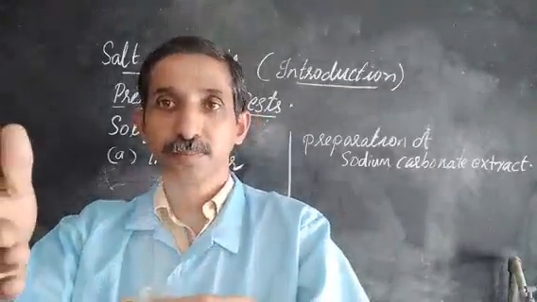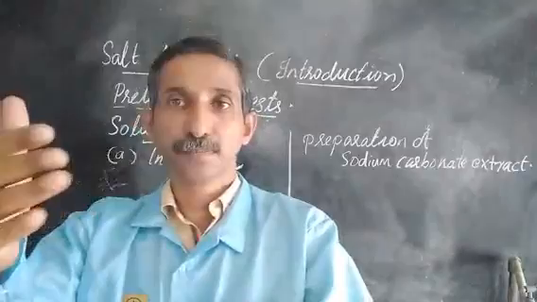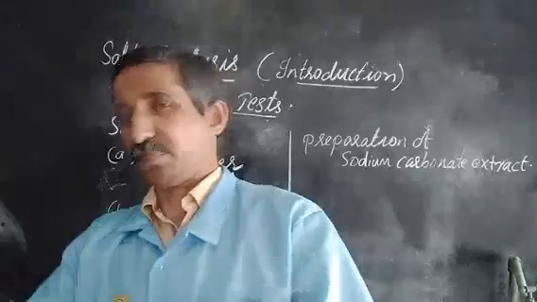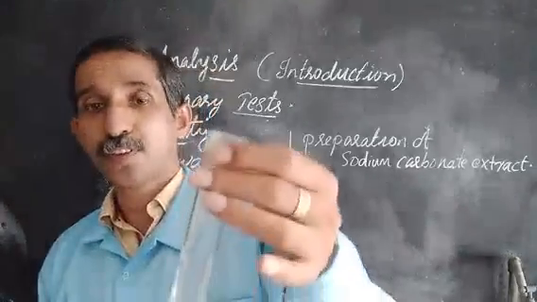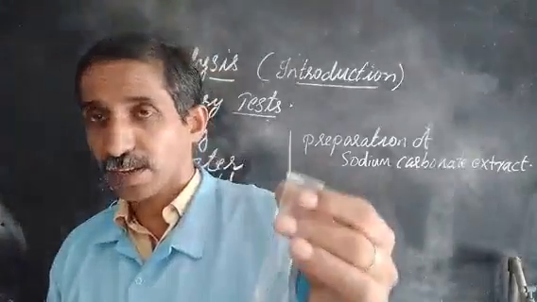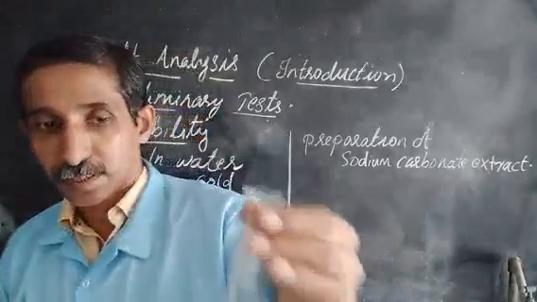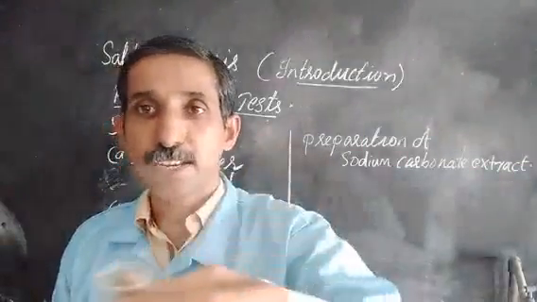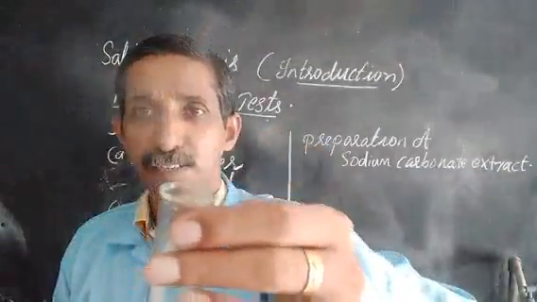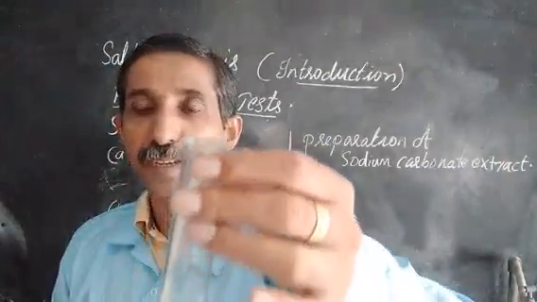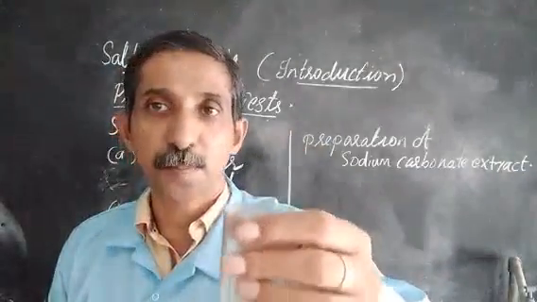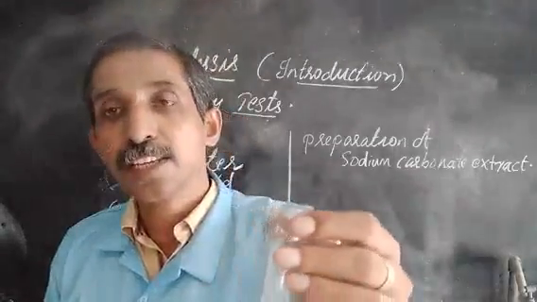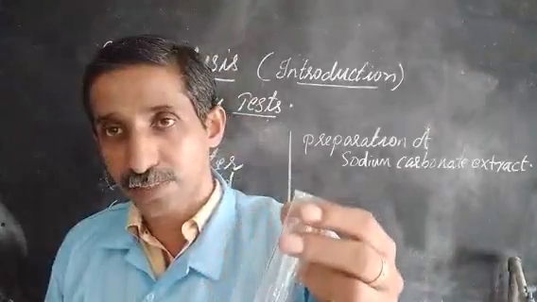What you will do is you will wave it towards your nose. If you are getting a very pungent smell, that is indicative. And see, there is no color, it's a colorless gas. And if you are getting a very pungent smell, as I have got now, it is indicative of chloride as the anion.